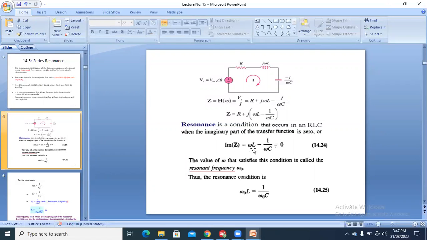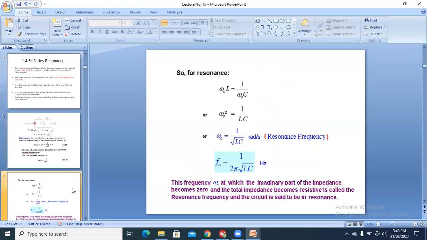So if omega L minus 1 over omega C is equal to 0, the resonant frequency omega naught satisfies omega naught L equal to 1 by omega naught C. This equation can be transformed into omega naught square equal to 1 by LC, and omega naught is equal to 1 by square root of LC radians per second.